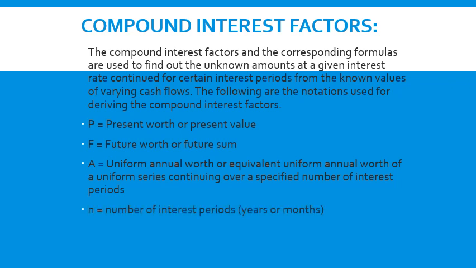N is the number of interest periods normally expressed in terms of years. Unless we want an effective interest rate, it is always the nominal interest rate, and N is always expressed as number of years. And small i is the rate of interest. Normally it is per annum, unless otherwise stated.